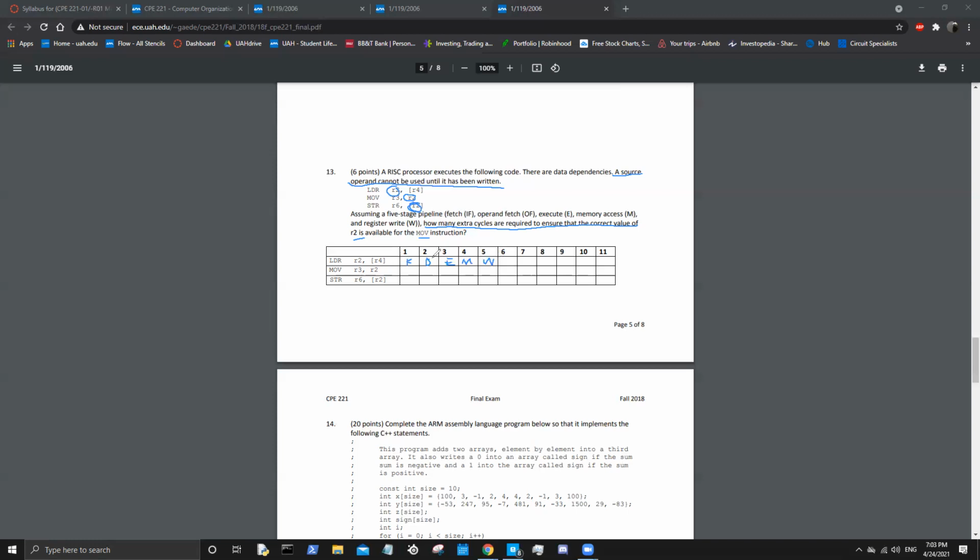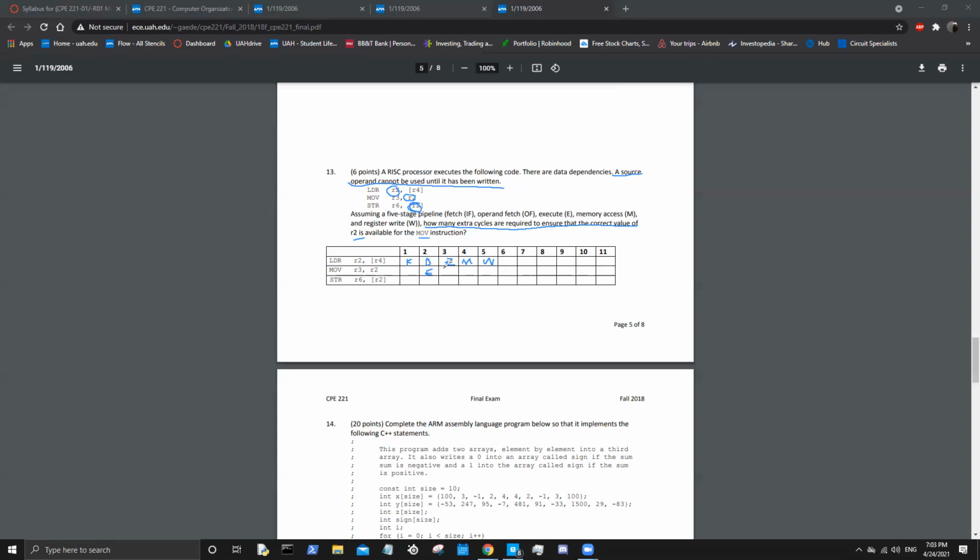Nothing special here. Now, we know the rules here. We can start the next one, pipelining, even with no forwarding. But the thing is, this says we don't have any forwarding. So we're going to need to take some steps here. So we can extend this.